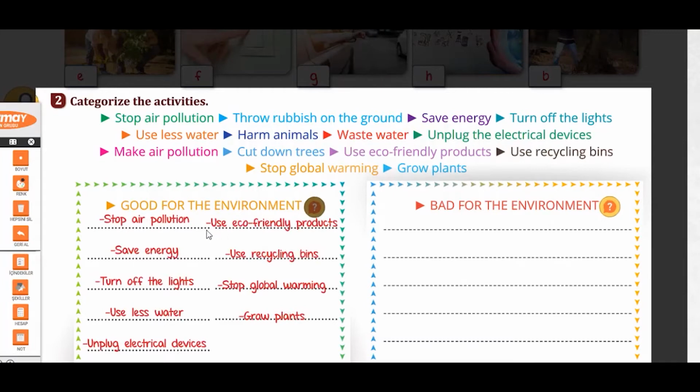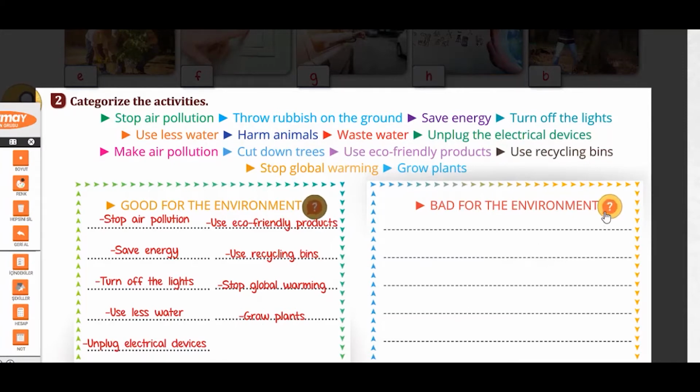So, here we have stop air pollution, use eco-friendly products, save energy, use recycling bins, turn off the lights, stop global warming, use less water, grow plants, and unplug electrical devices.